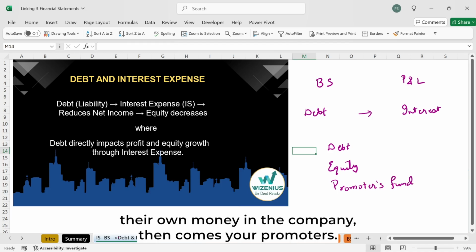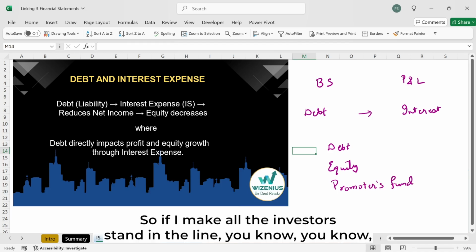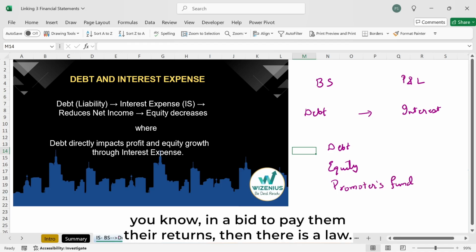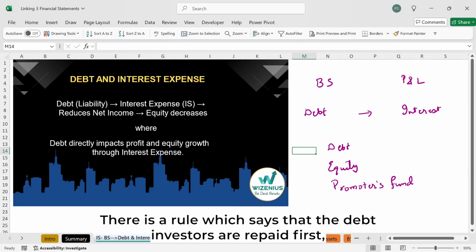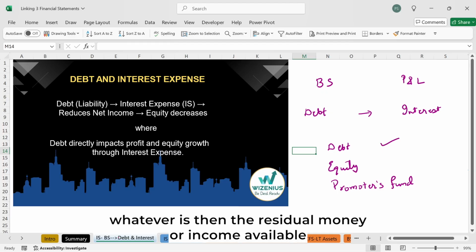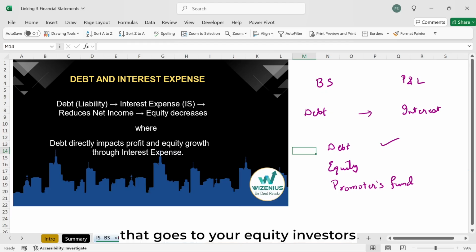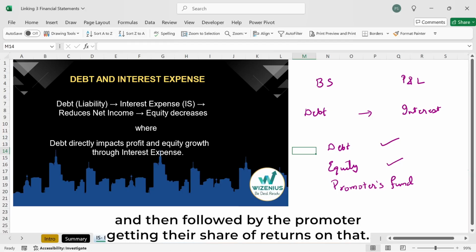So if I make all the investors stand in a line in a bid to pay them their returns, then there is a rule which says that the debt investors are repaid first. Whatever is the residual money or income available goes to your equity investors, followed by the promoter getting their share of returns back.